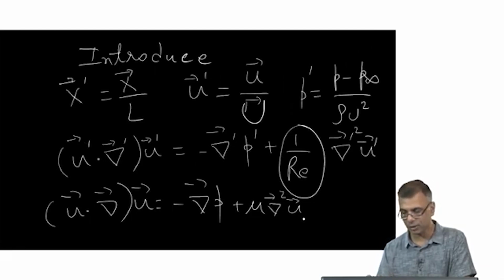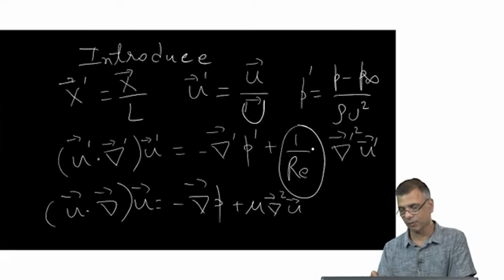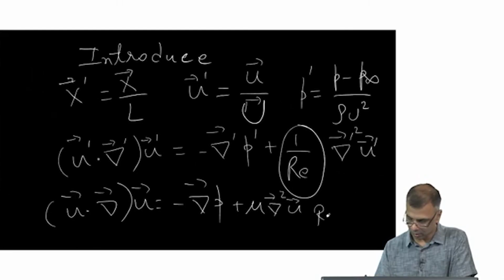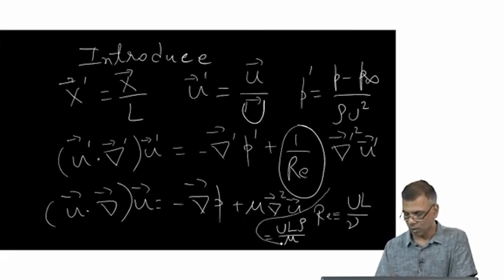This is a completely dimensionless equation, and in place of the viscosity coefficient, you have this 1 over Re appearing here, where Re is defined as U L over nu, or U L rho over mu, same thing. Excuse me for the mess, but this is what it is.